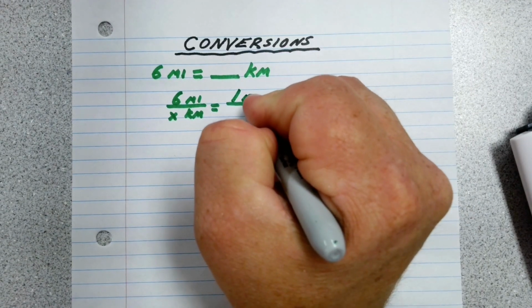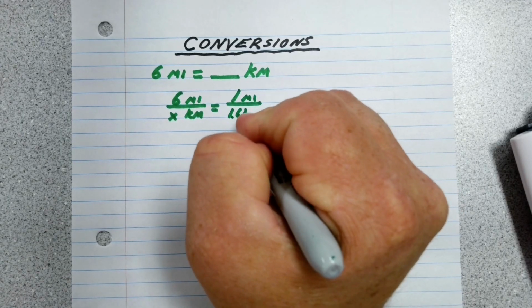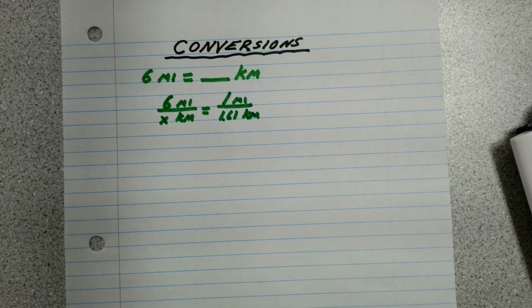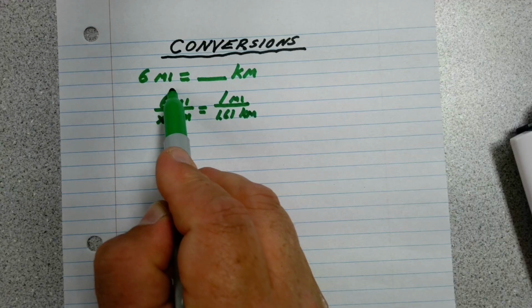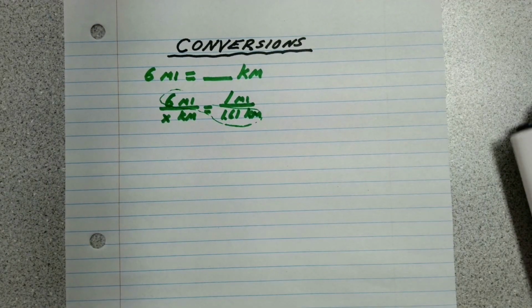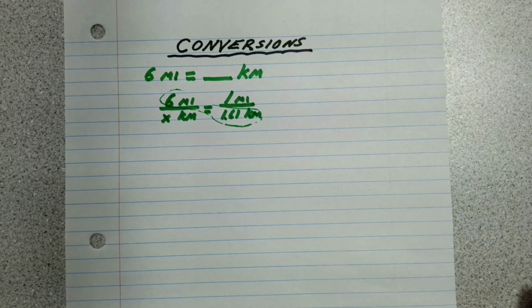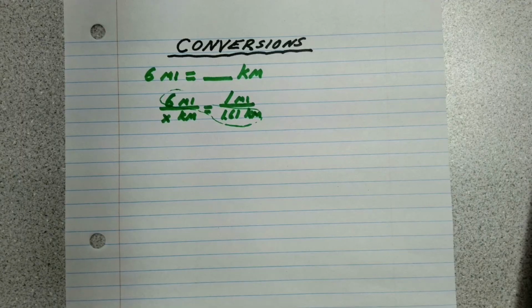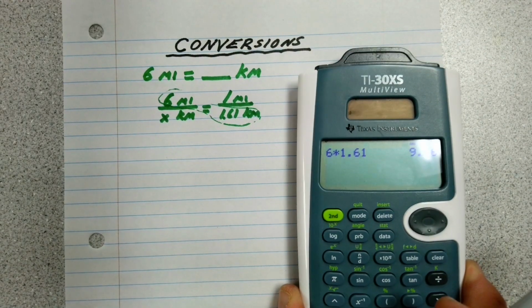Now we can cross multiply the 6 and the 1.61, and you can multiply the 1 and the x. Don't do that, kind of a waste of time. But go ahead and multiply the 6 times 1.61, and I'll do the same.